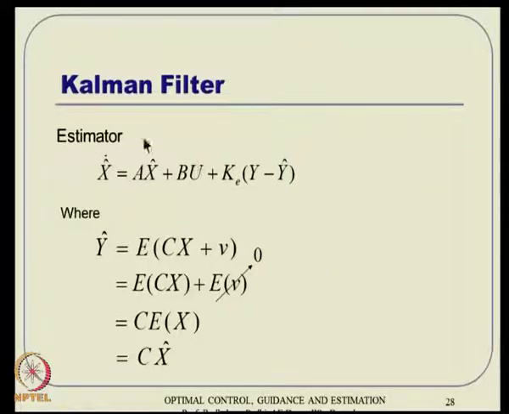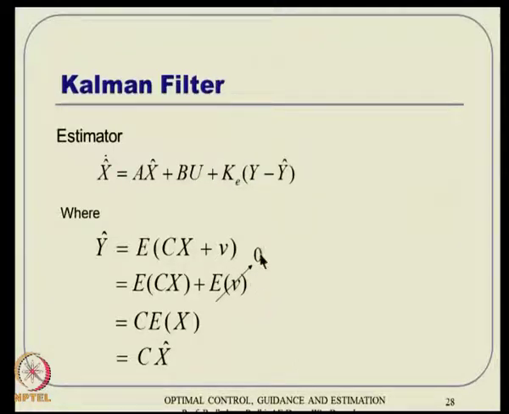Anyway, coming back, we are assuming the same estimator or observer dynamics: x hat dot is A x hat plus Bu plus K times y minus y hat, where y hat is nothing but the expected value of Cx plus V. The expected value being a linear operator, you can separate it out as the expected value of Cx plus the expected value of V. But the expected value of V is 0, since it is a zero mean noise.